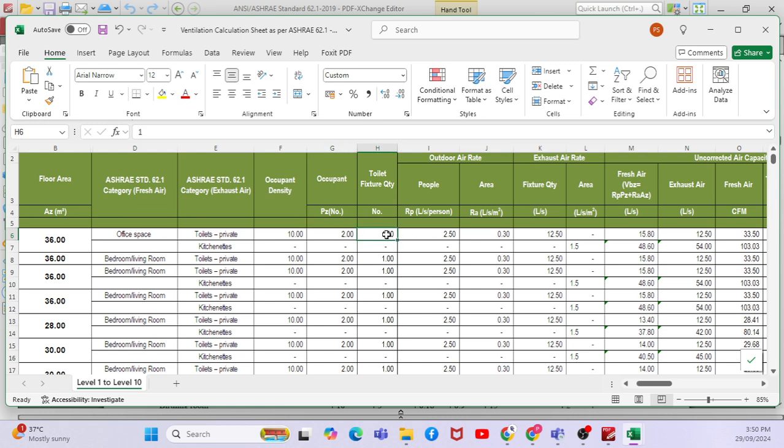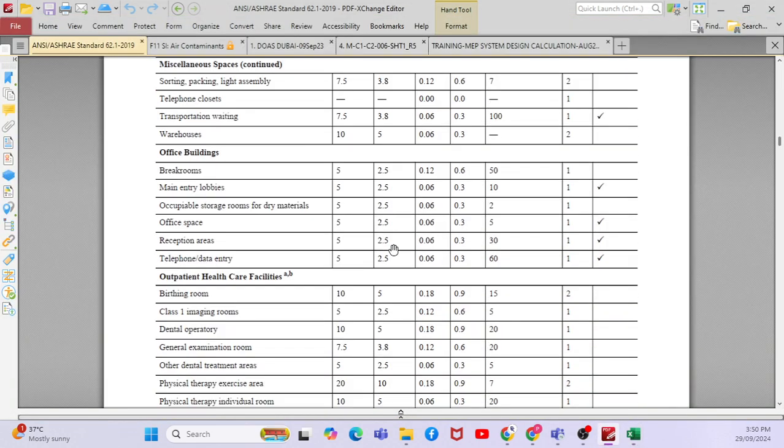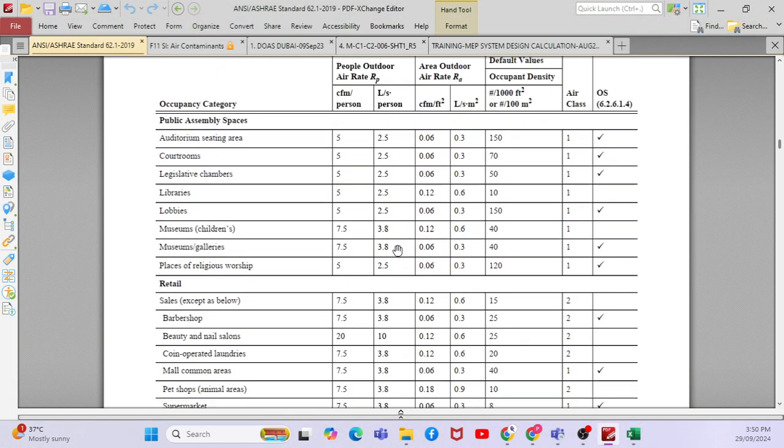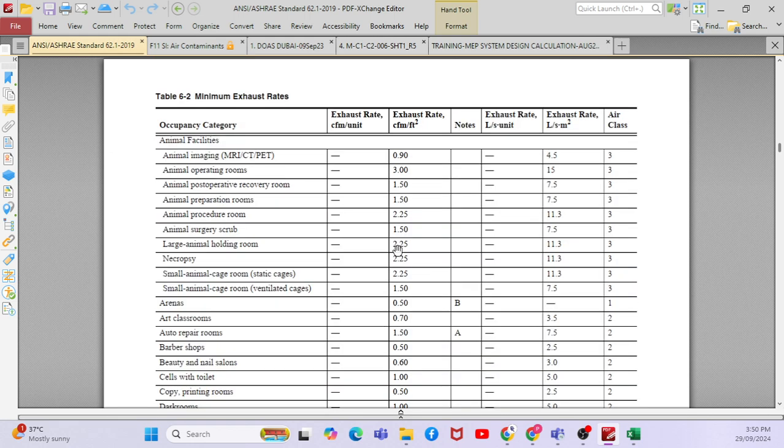Then the toilet fixtures inside: if you have any toilet fixtures or any different type of plumbing fixtures, you can list out all the fixtures. Now I'm going to calculate fresh air and exhaust air. How will I calculate the exhaust air? If I go further down, I can see the category for the exhaust, right?